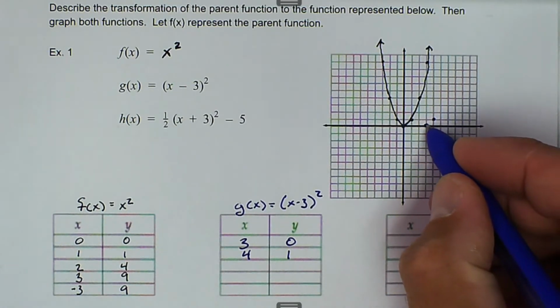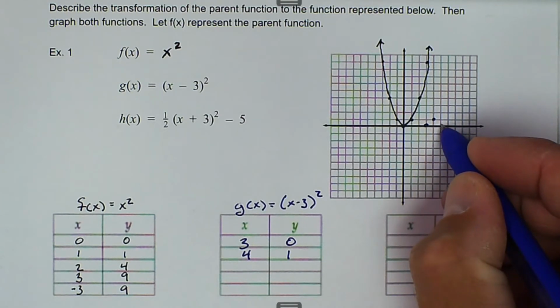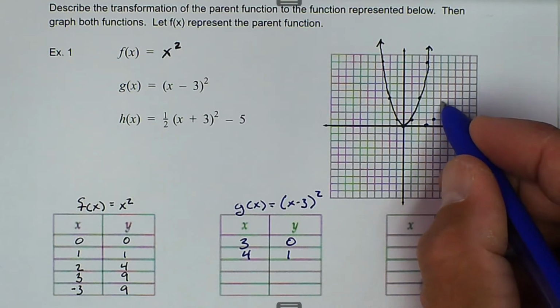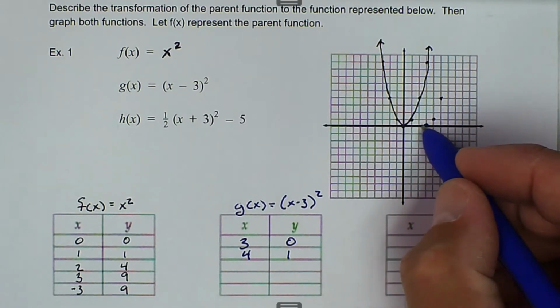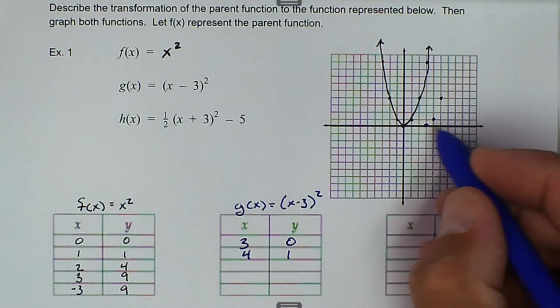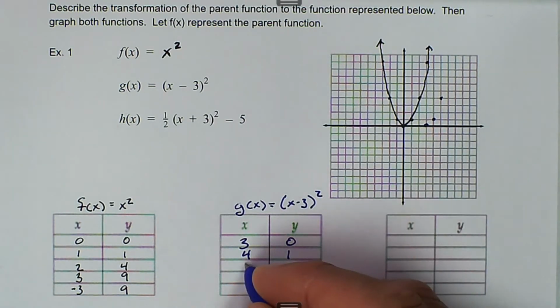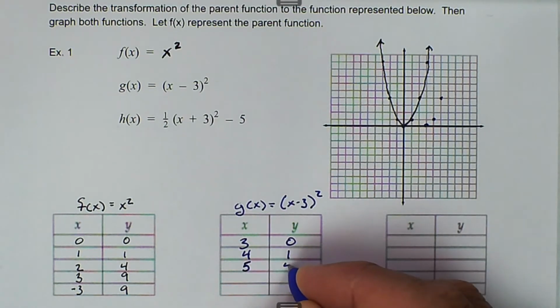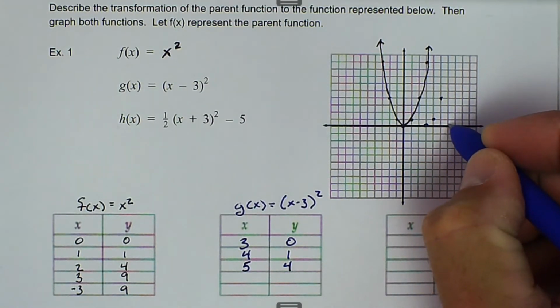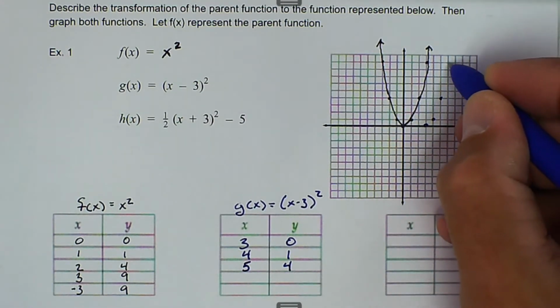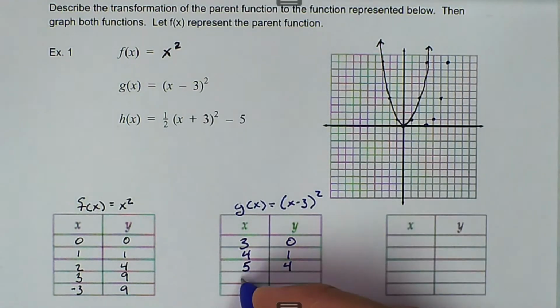Well, that's going to be the same thing from this one. We're going to go over 2, up 4, because we didn't change the shape of the parabola at all. All we did was we shifted it over. Now we're over at 5, 4. And if we go over 3, 3 squared is 9. So we're going to go over to 6.